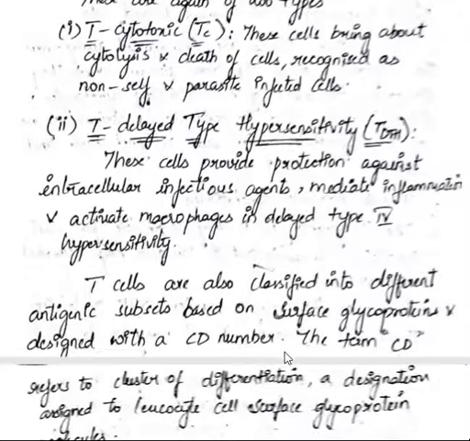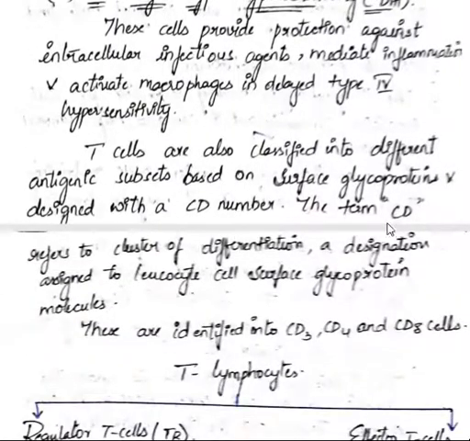CD is a designation assigned to leukocyte cell surface glycoprotein molecules. We have identified different types of CD cells, that is CD3, CD4 and CD8 cells, and this CD number is mainly useful in diagnosing some diseases or infections, especially in HIV identification.